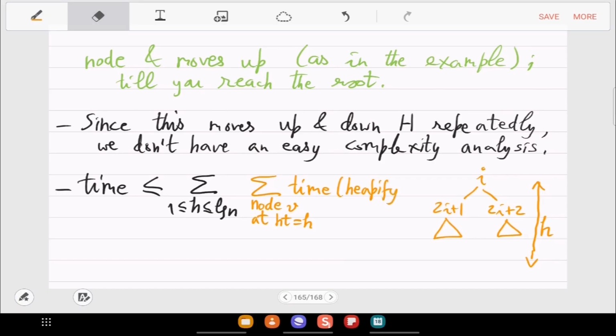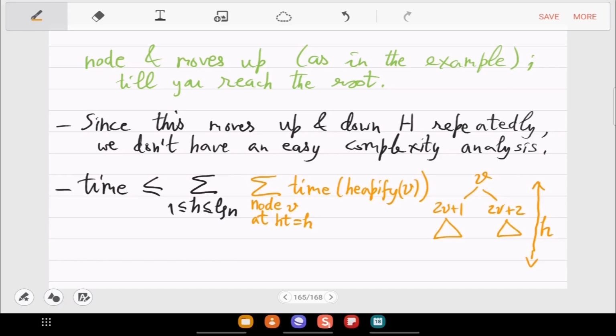So let me change this to V. So you are calling Heapify on V. Okay, so we have basically divided all the nodes in terms of the height where they are. So in other words, we fix the height h, and then we go over all the nodes V at that level.